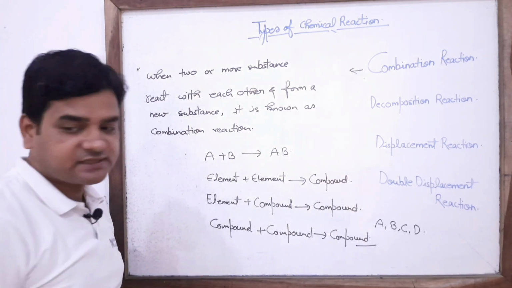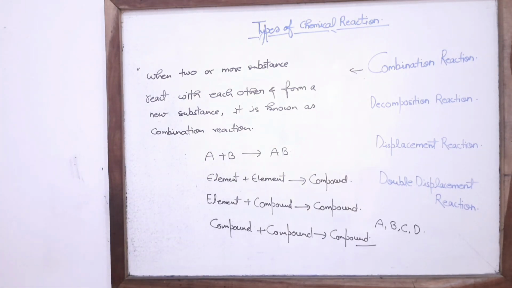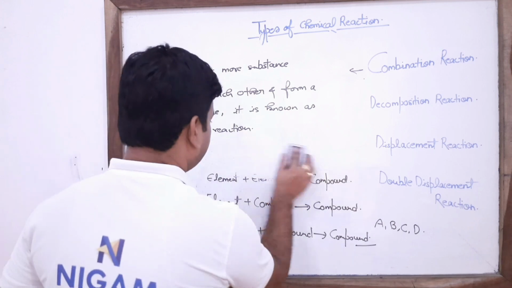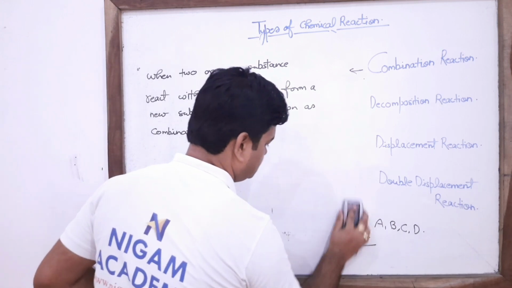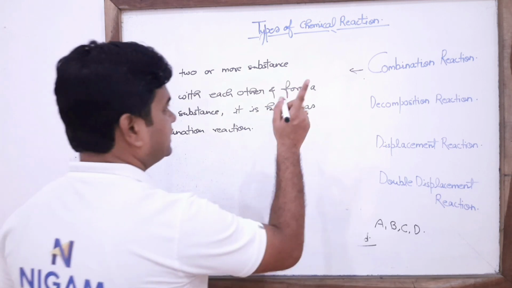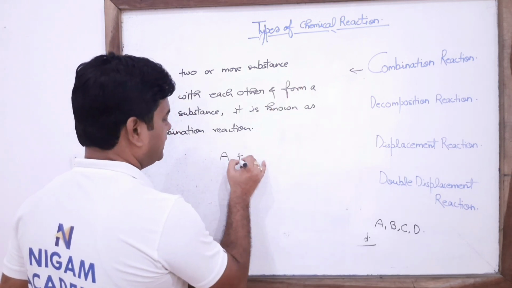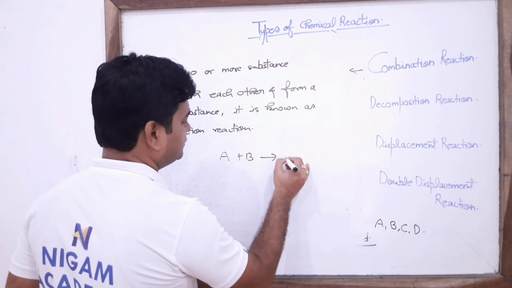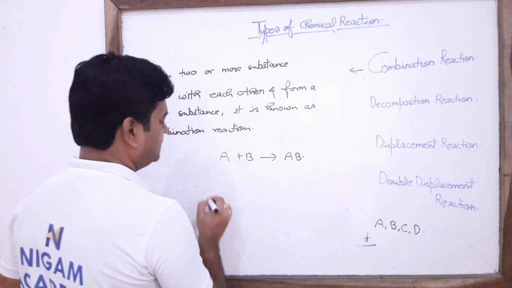Okay, let us have an example from your chemistry book. It is a generic formula, you have to remember this, that in case of combination reaction, A plus B will give you AB.